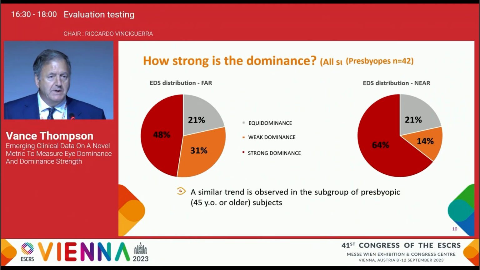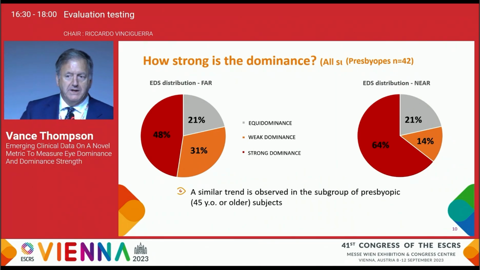When we looked at the subgroup of presbyopia patients, which would be our interest for monovision, it was a relatively similar trend: the highest group had an obvious strong dominance, but we also had some equidominance and some weak dominance.